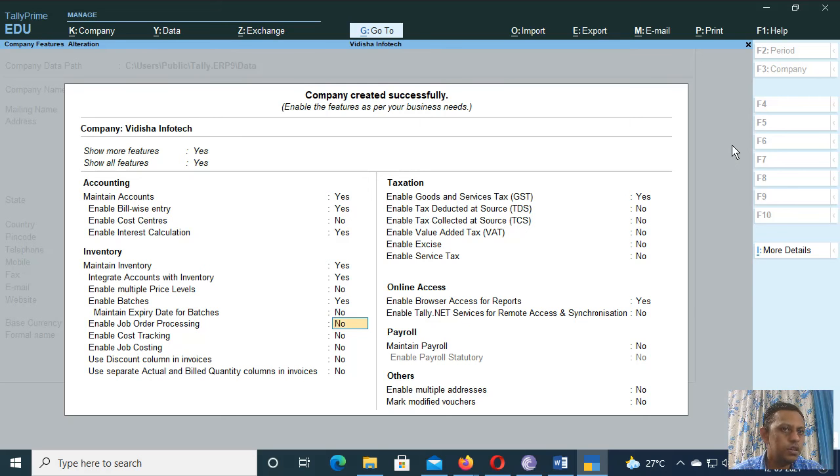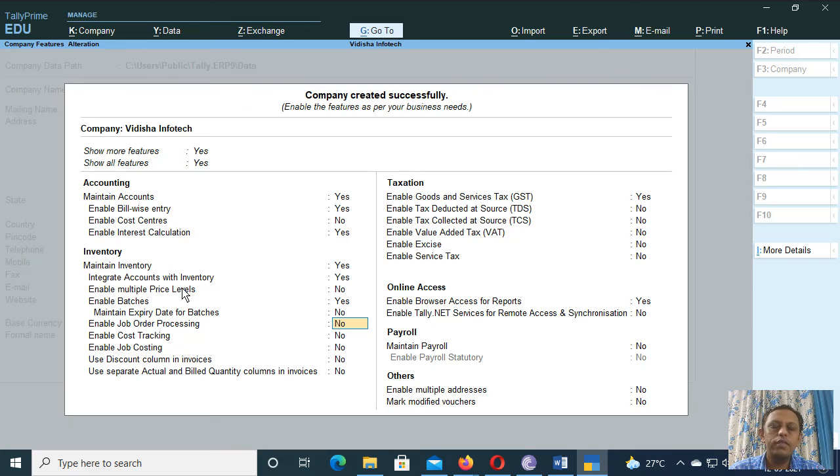Here we will set enable job order processing to no, as this feature, job order processing, then cost tracking, job costing, comes in the advanced Tally that we will be learning in further videos.